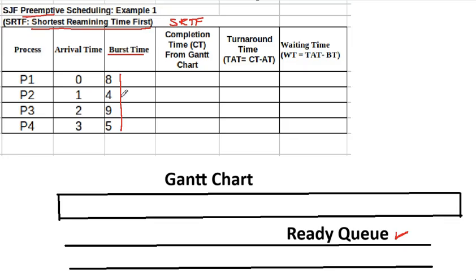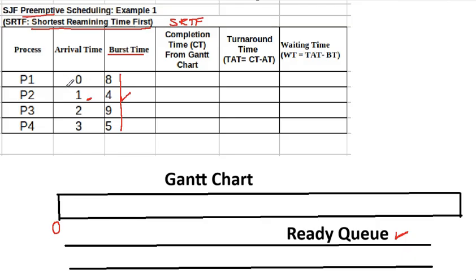But along with this we have to check if P2 is ready to run at time 0, because the Gantt chart starts from 0. P2 will be ready at 1. So we cannot schedule P2 here even though it has the shorter job. Regardless of anything, at 0 we will schedule only P1.